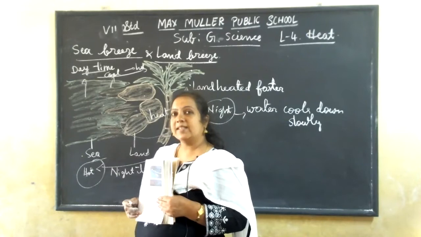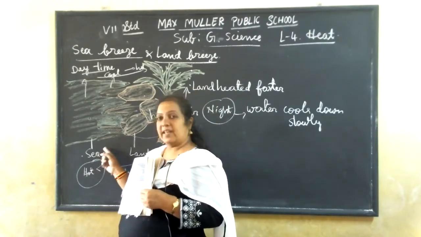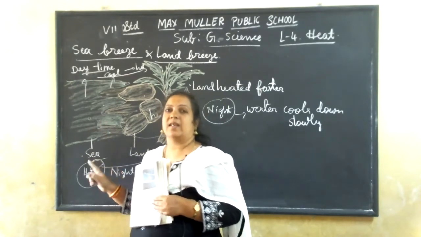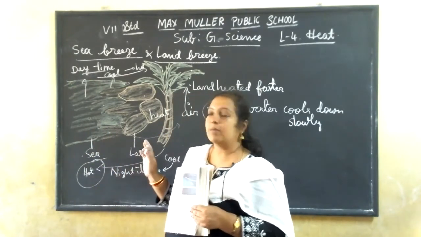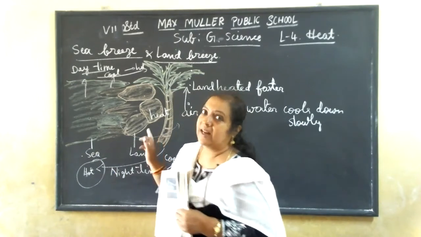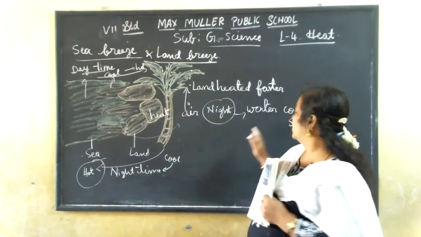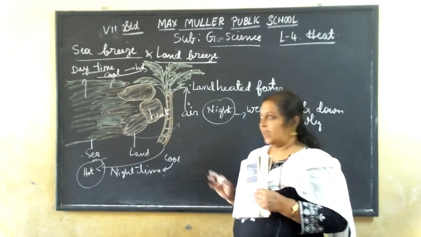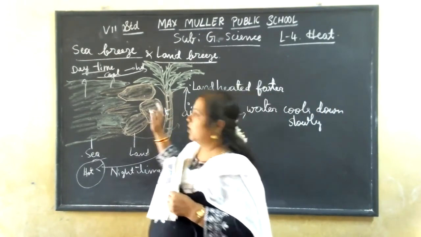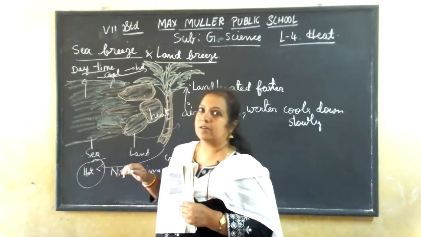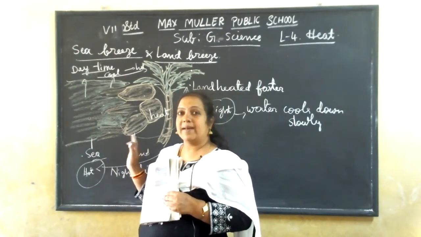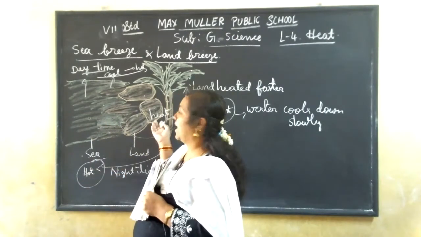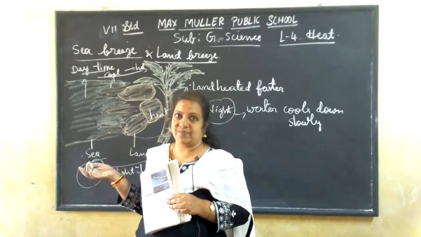Got it? Why is it happening? See here, in the night time, these are warm air molecules near the sea, above the sea. They are warm compared to the land because land cools down fast. Water cools down slowly. So in comparison of both, water is having the warm molecules, land is having the cool molecules.